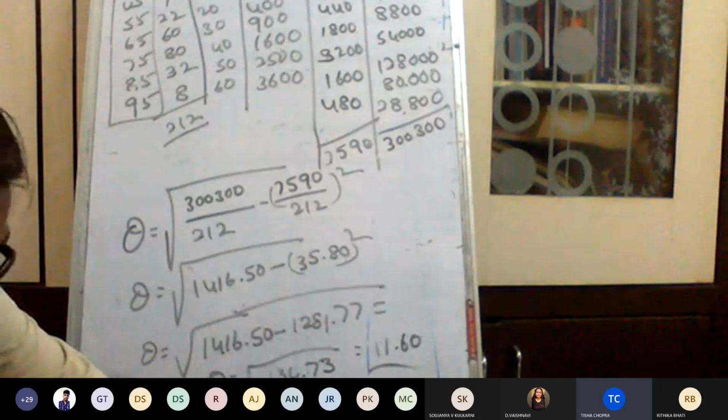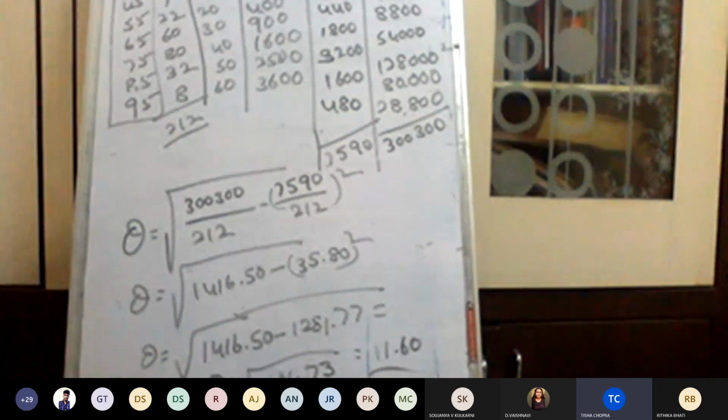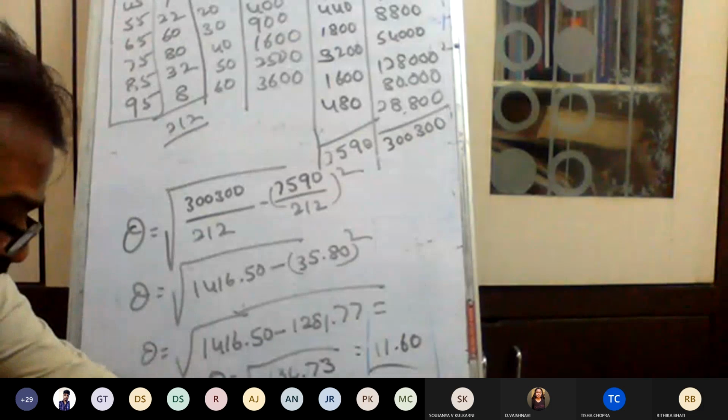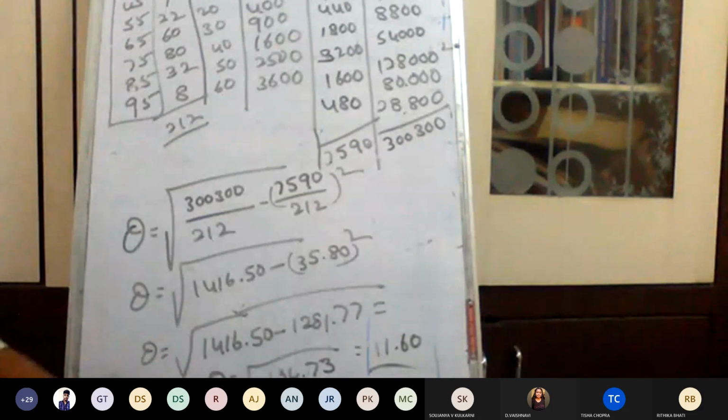Sir, that is 34.86, sir. What is the difference? 11.60 we are getting, and the previous problem also 11.60, correct. Sir, there the value is 1281.64, sir, not 0.77.